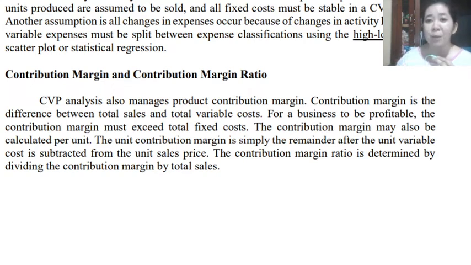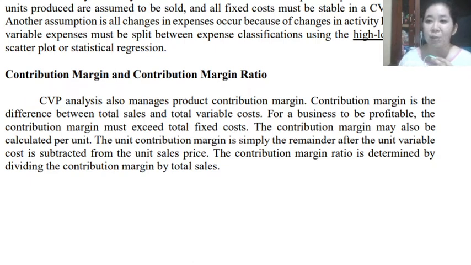Your contribution margin, as mentioned earlier, is the difference between our total sales and our total variable cost. For a business to generate profit, the contribution margin must exceed their fixed cost. The contribution margin may also be calculated per unit, which is simply the remainder after the unit variable cost is subtracted from the unit sales.